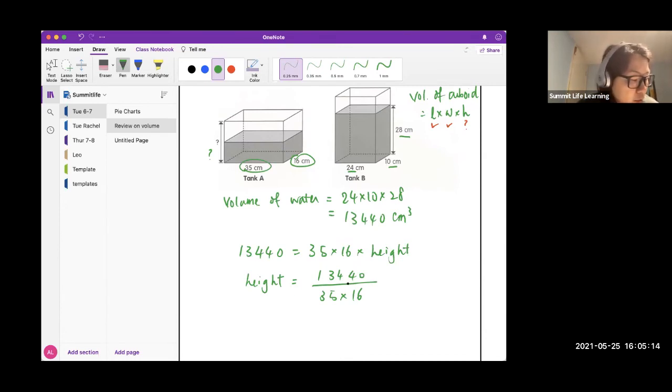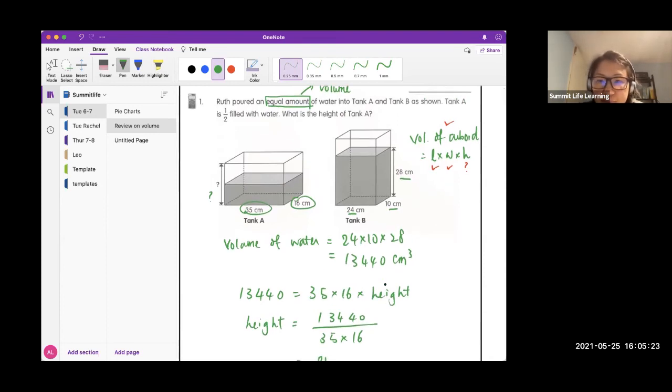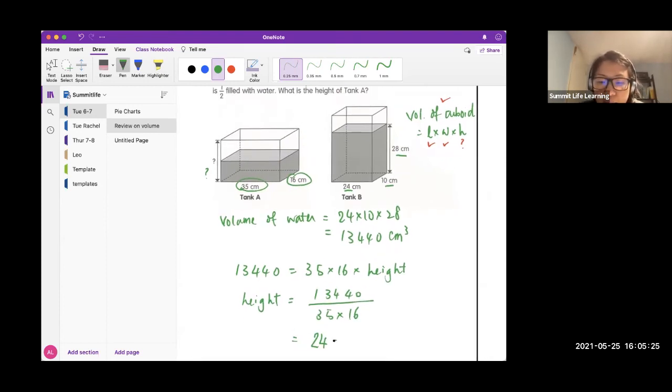I will do this part a little bit quickly because this is the easiest example. That is 24. Did I do it correctly? It's 24 cm. Is the height 24 cm?